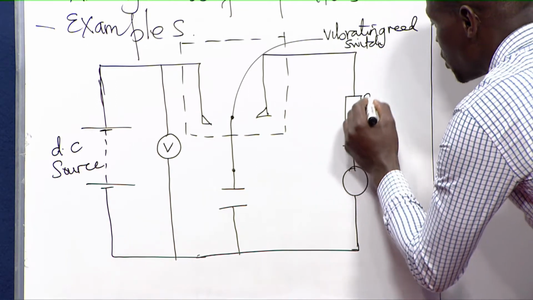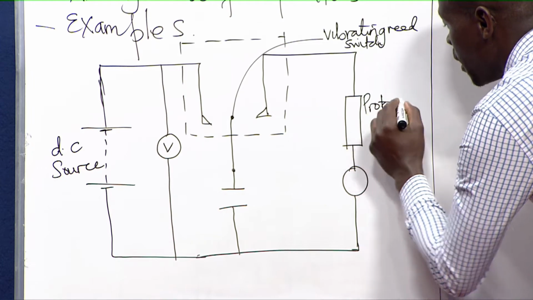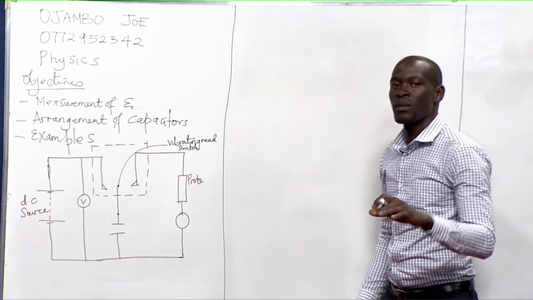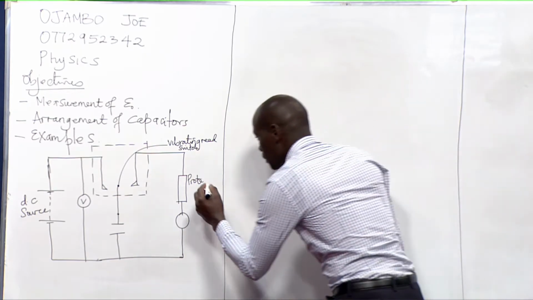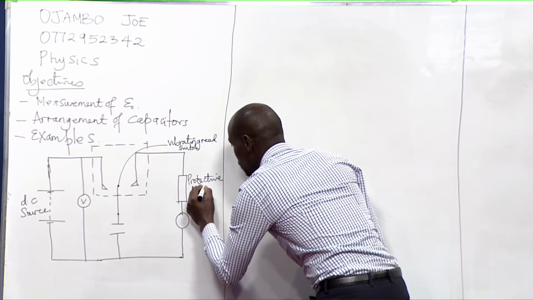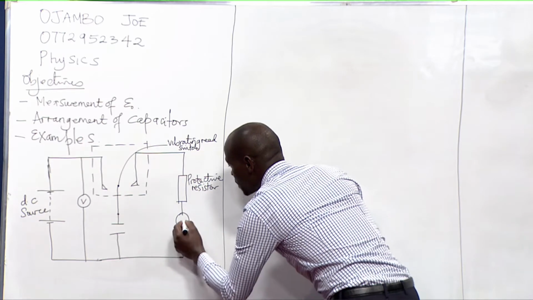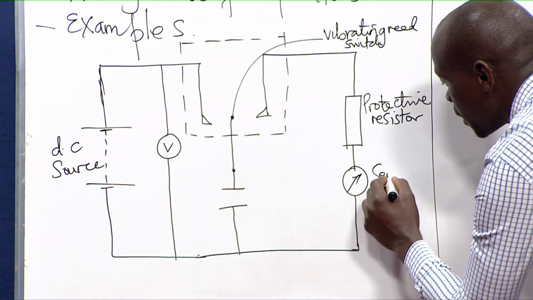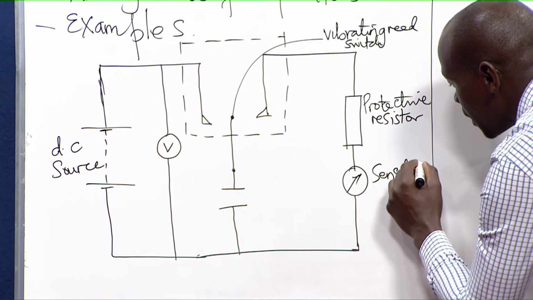This is our protective resistor. Remember, whenever you're drawing a diagram, you go ahead and label protective resistor. This is our sensitive galvanometer or sensitive current meter.